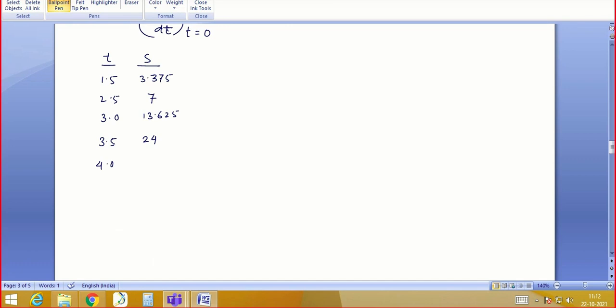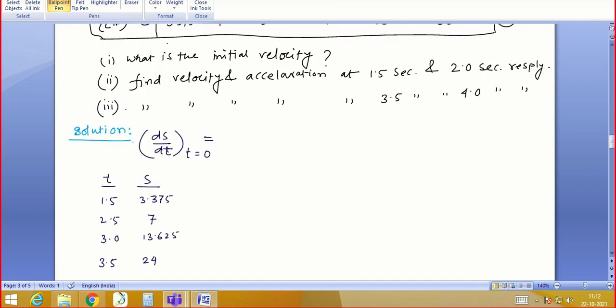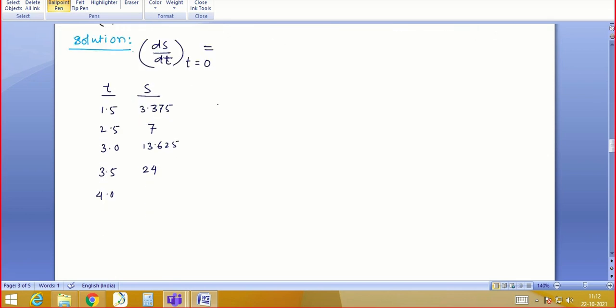Actually, we have done a little wrong: I missed the value 2. So T values are 1.5, 2.0, 2.5, 3, 3.5, and 4, and the 3.5 value is 38.875.